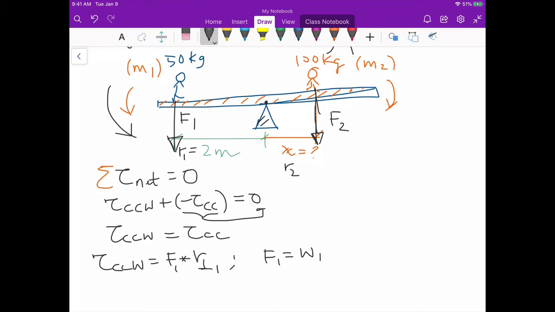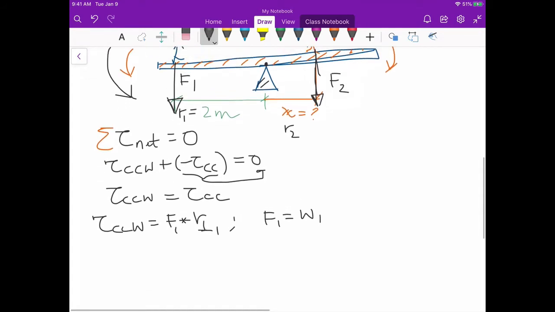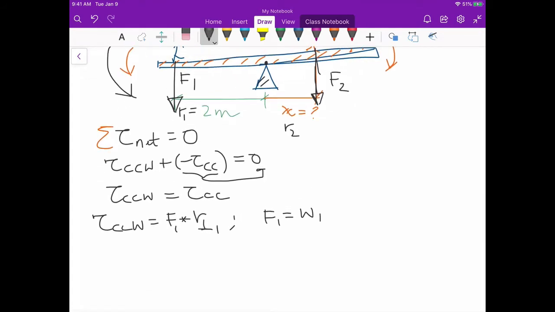Uniform means its mass is distributed equally throughout the plank. So weight 1 will be mass 1 times gravity. You may approximate gravity as 9.8, or simply approximate it as 10.